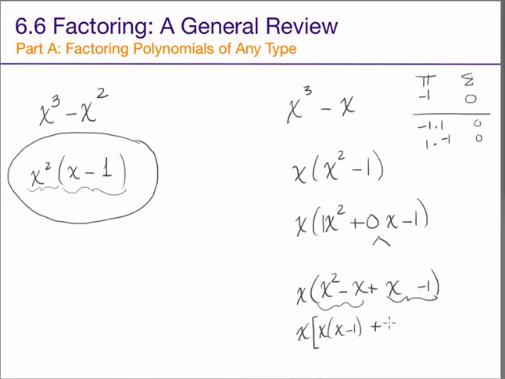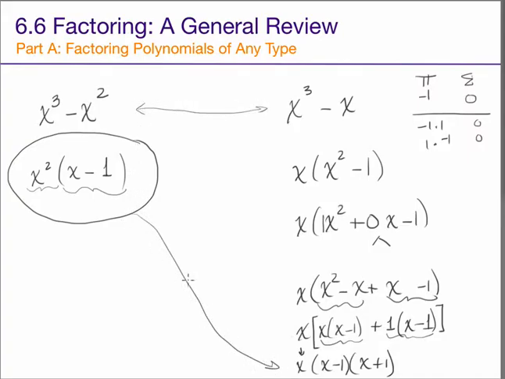They have nothing in common, but they do have 1 in common. And what's left over is x minus 1. The greatest common factor of these two terms, that's that x right there. The greatest common factor of these two terms is x minus 1, and what's left over is x plus 1. A very slight difference in these two questions resulted in really very different answers.